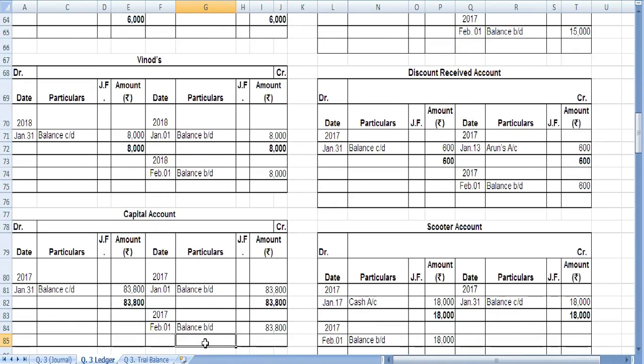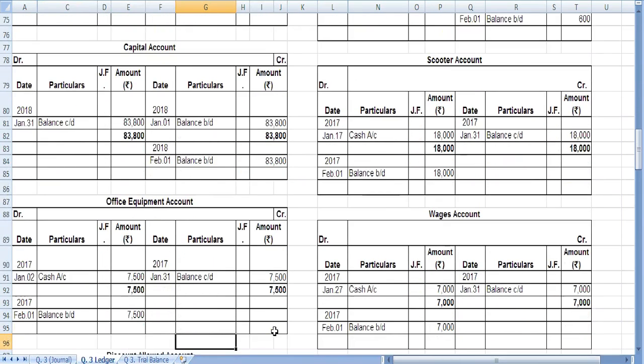Capital account, opening balance 83,800. We have the closing balance 83,800 because we have to balance both the sides. If this side is 83,800, this side should also come the same, so CD is 83,800 and the opening balance for February 1 is 83,800.